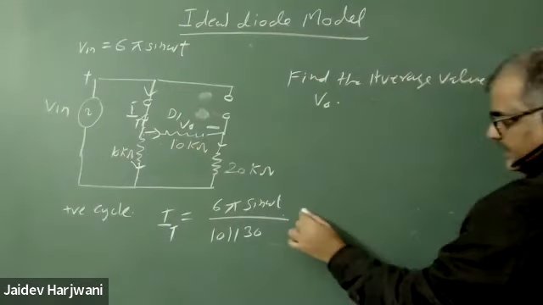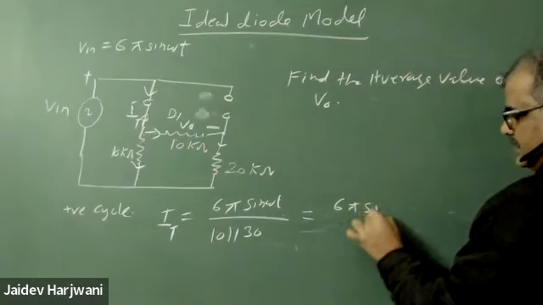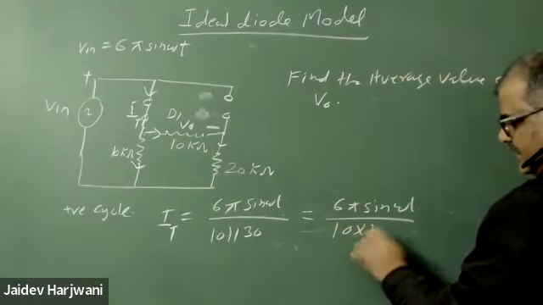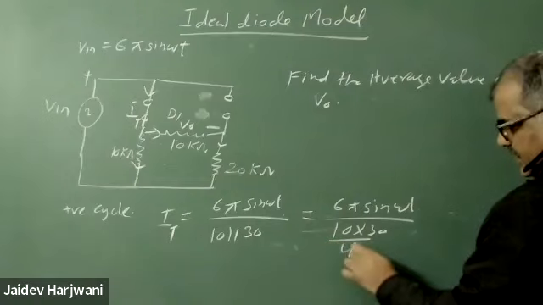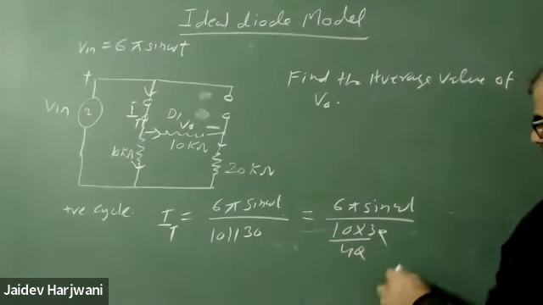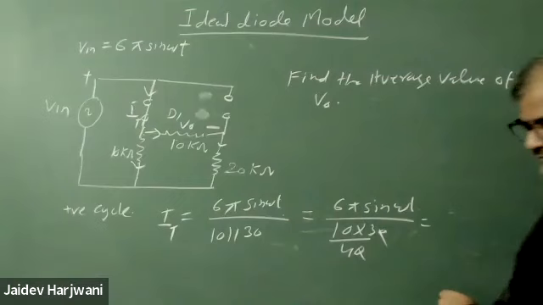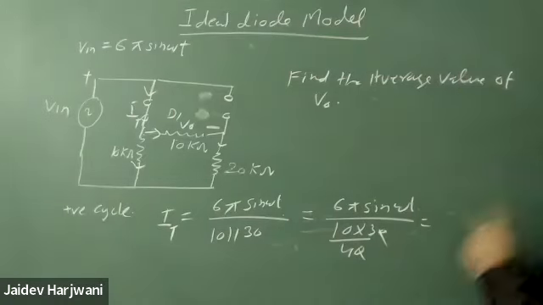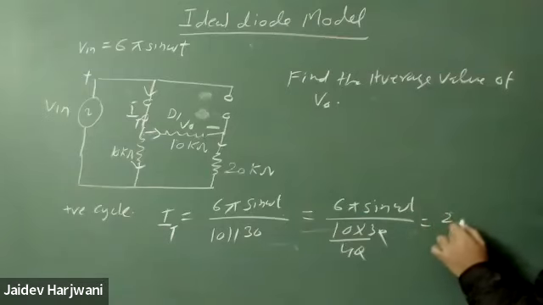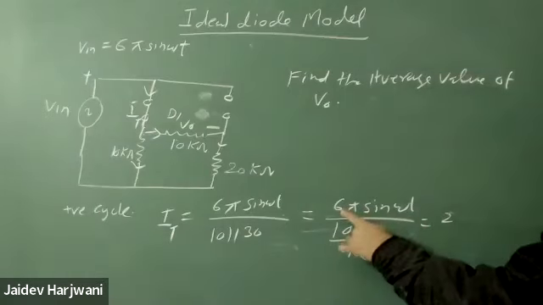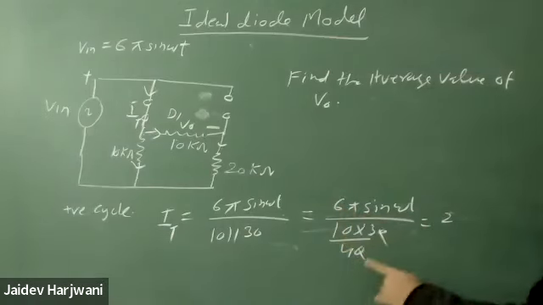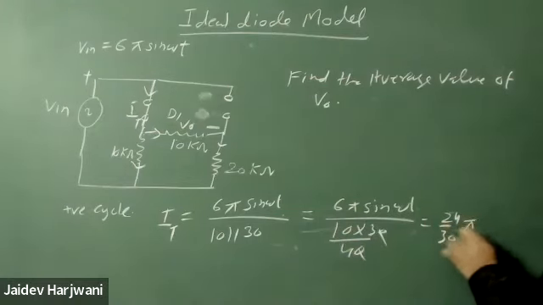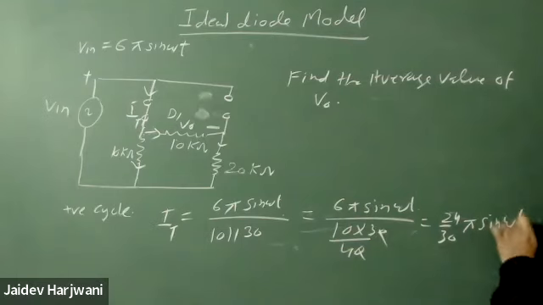So I can write 6 pi sine omega t over 10 into 30 upon 40, which is 7.5, or let it be like this: 6 goes there, so this gives 24 divided by 30, pi sine omega t.